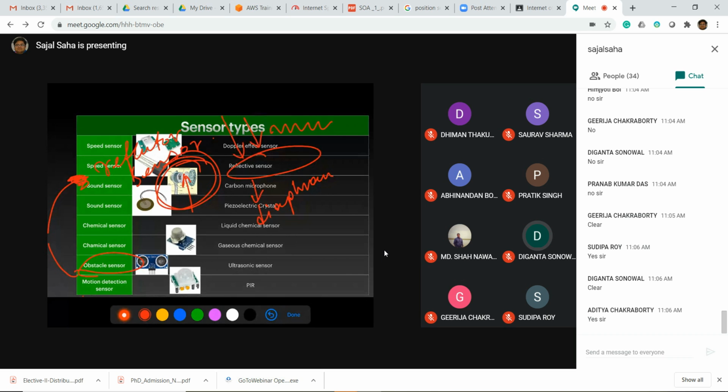What is a very good example of a PIR sensor?